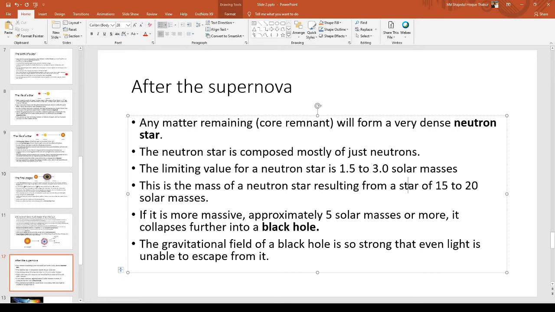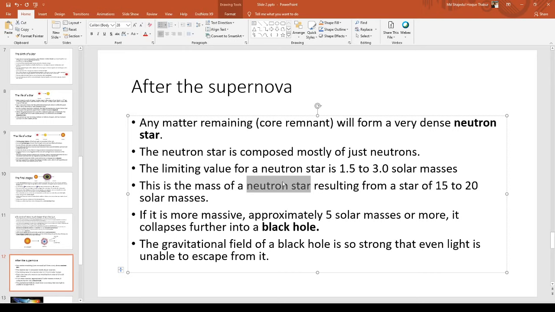You have to understand, this neutron star is formed from the core remnant, but the original star was much bigger because the original star was a supermassive star that became a red giant, and then there was a supernova and most of the star parts were given away into the empty space, and only a small part remained.